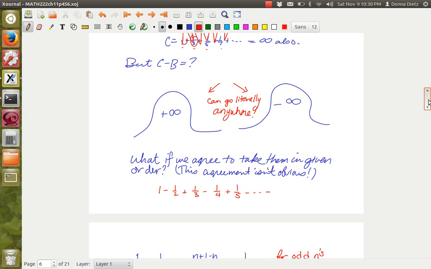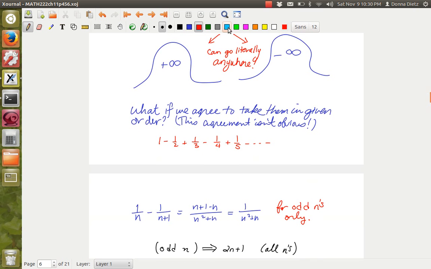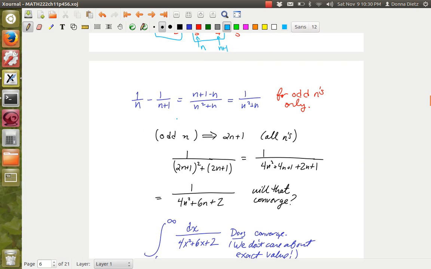Okay, so in each pair, we're going to call this guy n, and then this would be n plus 1. Now I'm just going to let n be only odd numbers, but look at the algebra. This whole thing works out and you get this mess.